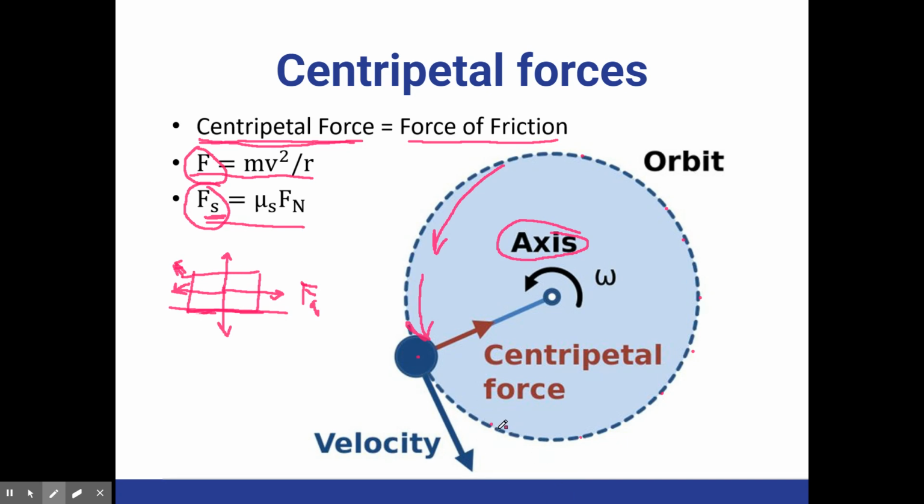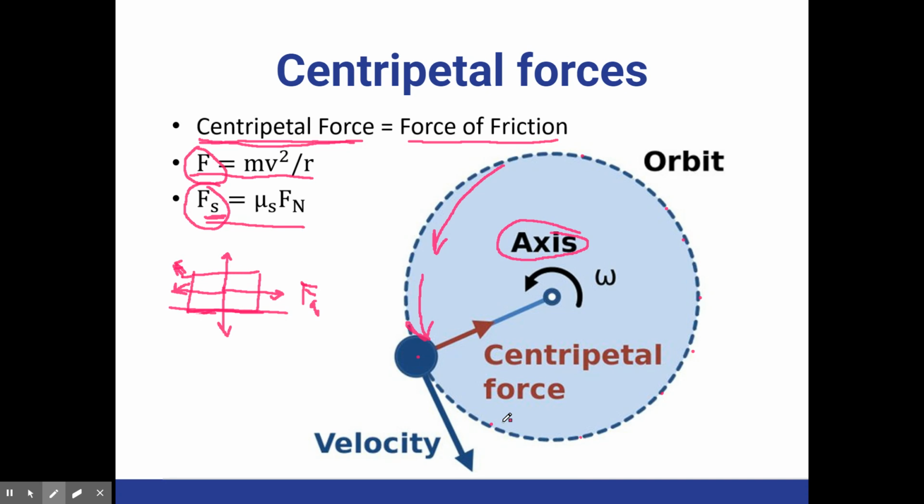It's moving tangential to the surface of our circle, but all at different directions. I know this is a long-winded way of saying it, but because our velocity is always changing direction, so is our friction force.